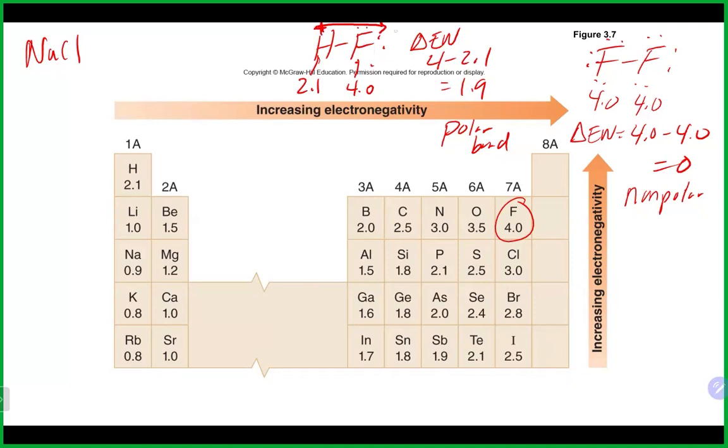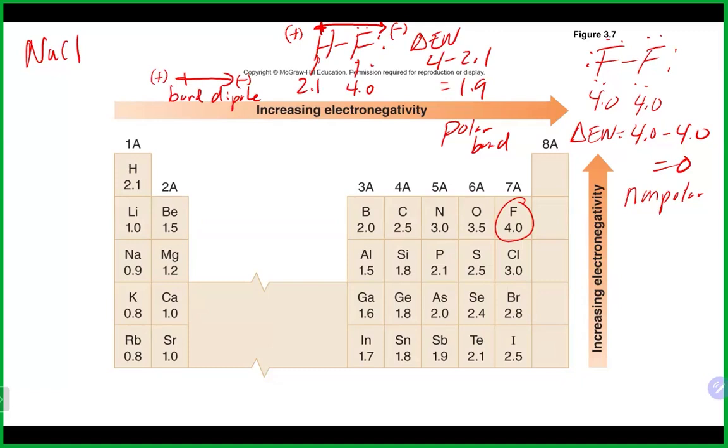So the fluorine in this bond would be more negative, and the hydrogen would be more positive. Again, the arrow always points to the more negative side, and the other atom is where the positive side is.